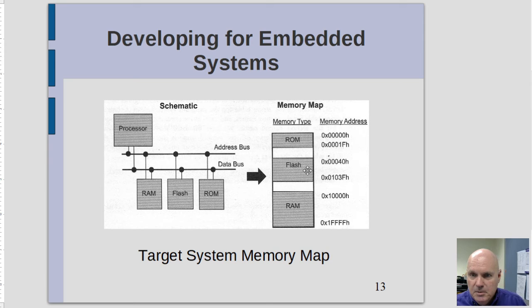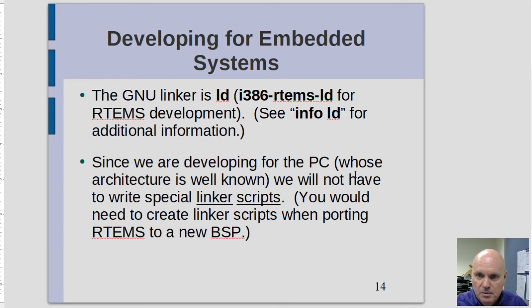So here's showing that on any particular target platform, in certain areas of memory, you're going to have RAM, perhaps flash, perhaps ROM available at different fixed addresses, and the linker needs to be aware of where these different types of memory are located, so it knows to load only changeable or writable variables into RAM, for example.